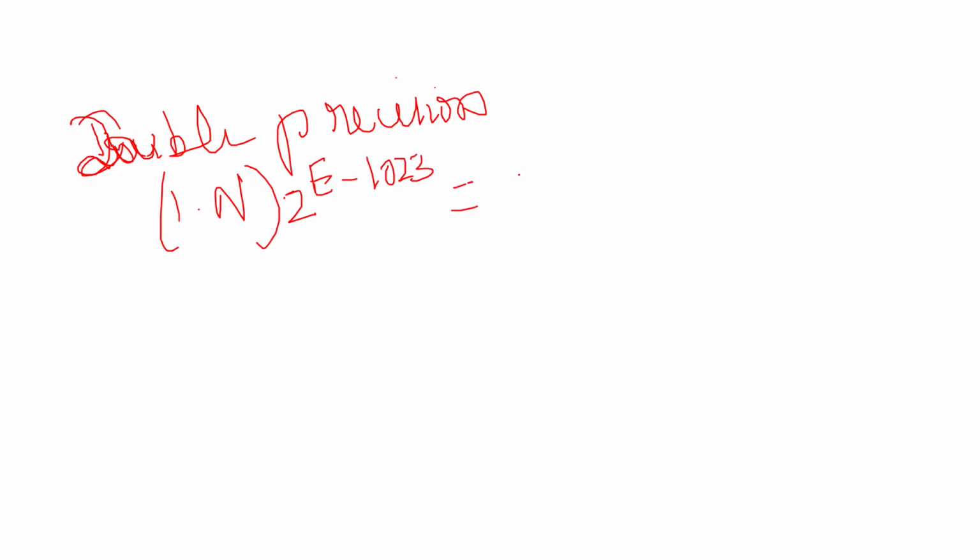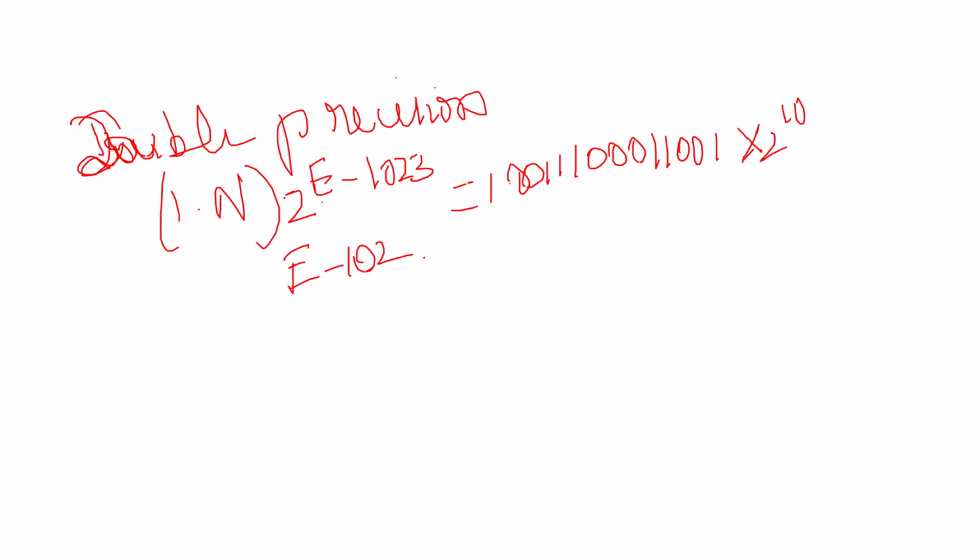I'm going to write 1 0 0 0 1 1 0 0 0 1 1 0 0 1 into 2 power 10. So we have to take this exponent only. So e minus 1023 equals 10. So e is equal to 1024.